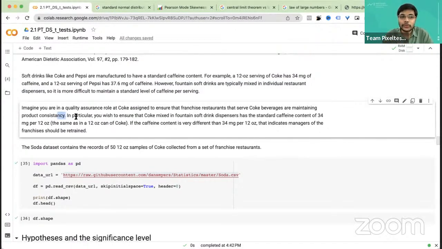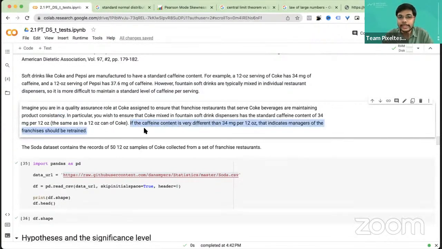In particular, you wish to ensure that Coke mixed in a fountain soft drink dispenser has the standard caffeine content of 34 mg per 12 oz. As in a standard 12 oz can of Coke, if you are a quality assurance person at Coke, you'd want the same in a fountain drink also.